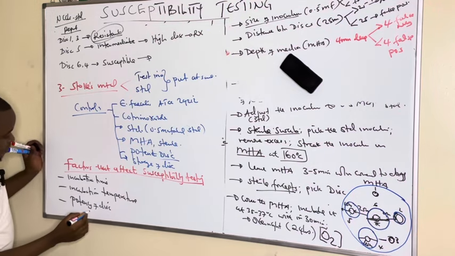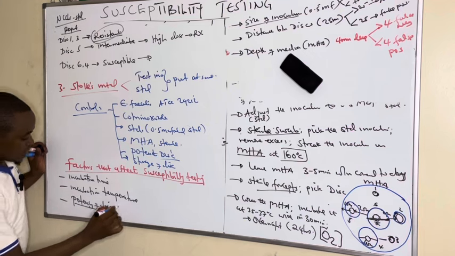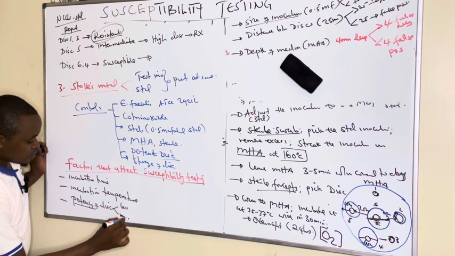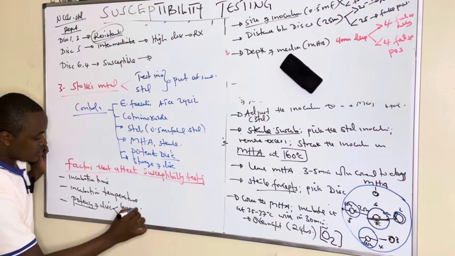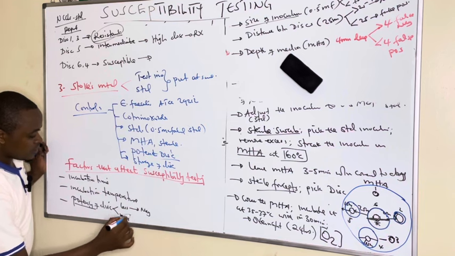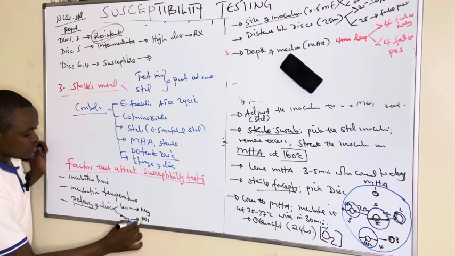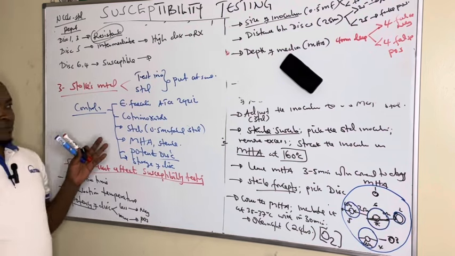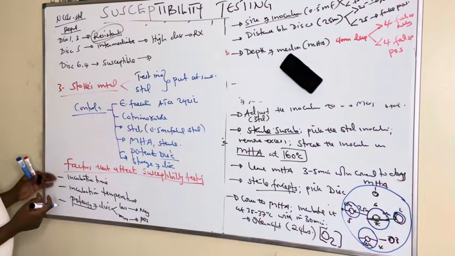And about the potency of the disc, if the disc is less potent, it will give false resistance, meaning no zone of clearance, and if it is more potent, it will give greater zones of clearance, which is false.